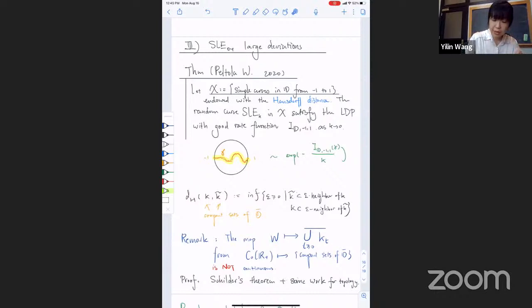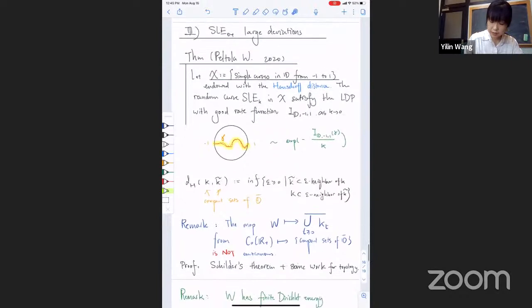I will endow the space of curves with the Hausdorff distance. I just remind you that it's the smallest epsilon such that K tilde is included in the epsilon neighborhood of K and K is included in the epsilon neighborhood of K tilde.